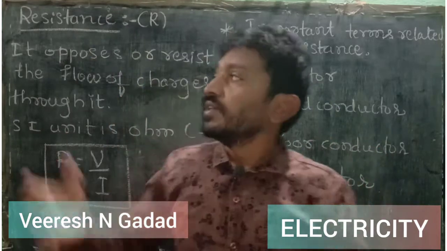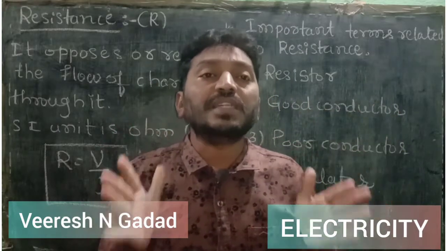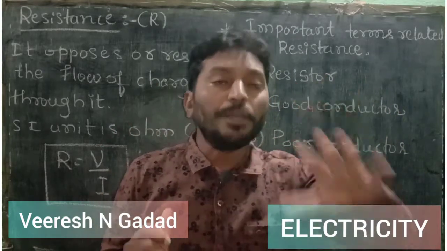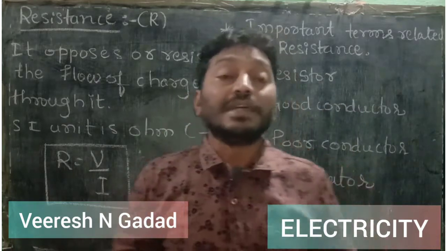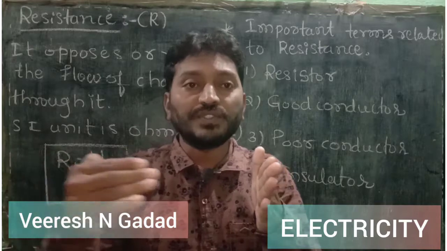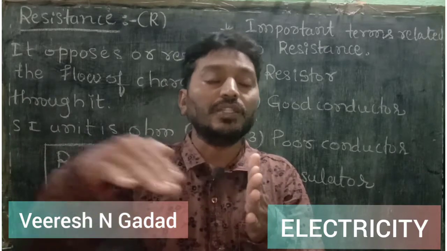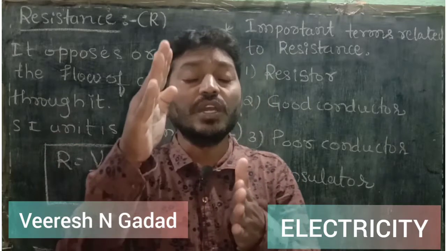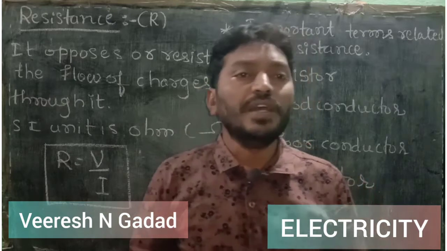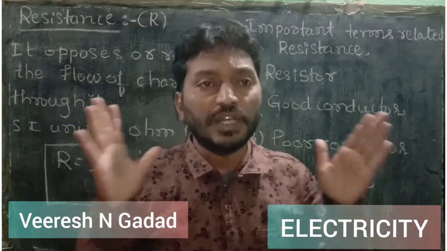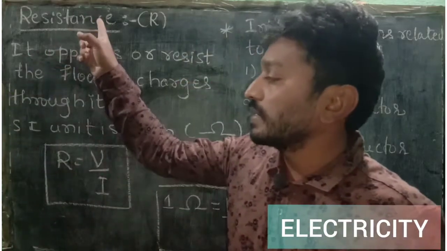So here, resistance is the property of the conductor which opposes, prevents, resists the flow of charge or electrons through the conductor or through the circuit. It is called resistance. So in a simple way, opposition to the flow of electric current is called resistance.